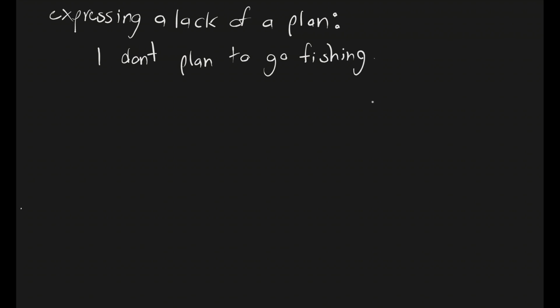Now, how would we translate this? Well, let's look at the vocab first. I don't plan. There we know it's yote, but it's different because there's a lack of a plan. It's not I plan not to go fishing, it's I don't plan. And then we have to go fishing, or to fish.